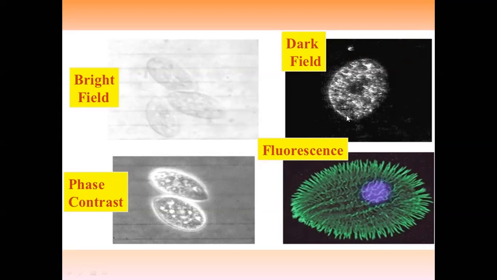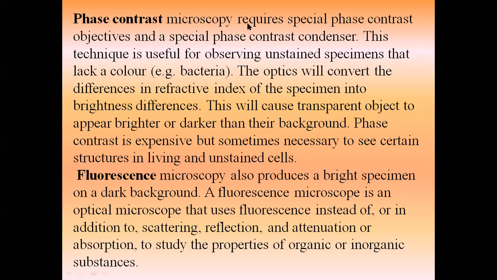Along with bright field microscopy and dark field microscopy also come phase contrast and fluorescence microscopy. So that we will take in the next slide. So what is phase contrast? Microscopy requires special phase contrast objectives and a special phase contrast condenser.